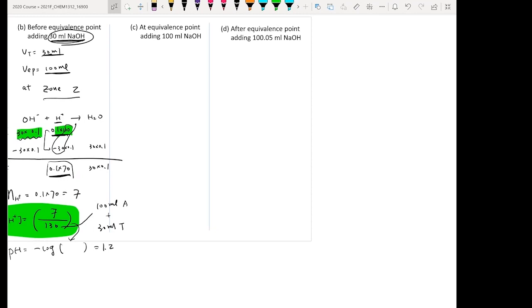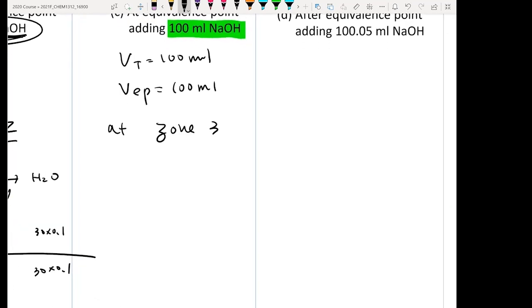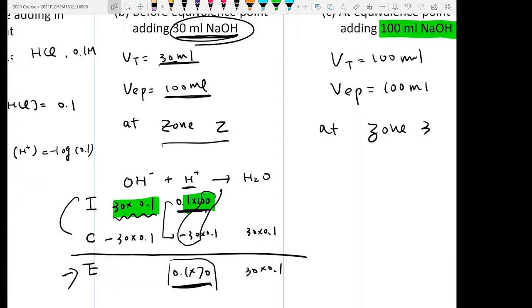Let's look at part C. You add in 100 mL of sodium hydroxide. Now your V titrant is 100 mL, and you also know your VEP is 100 mL, right? So you're at zone 3. At zone 3, you have the same amount of acid and base, the same amount of OH minus and H plus.